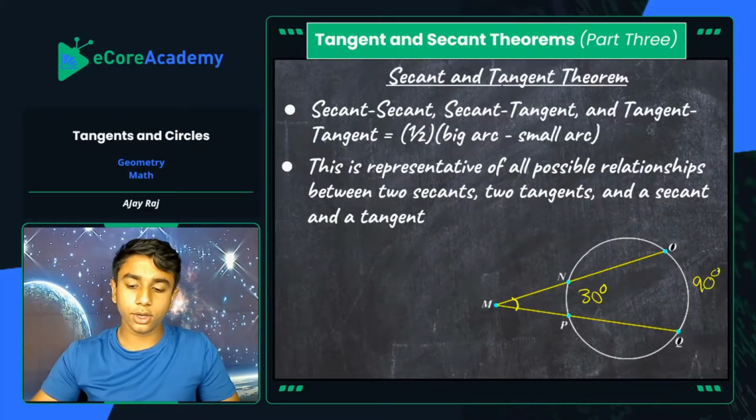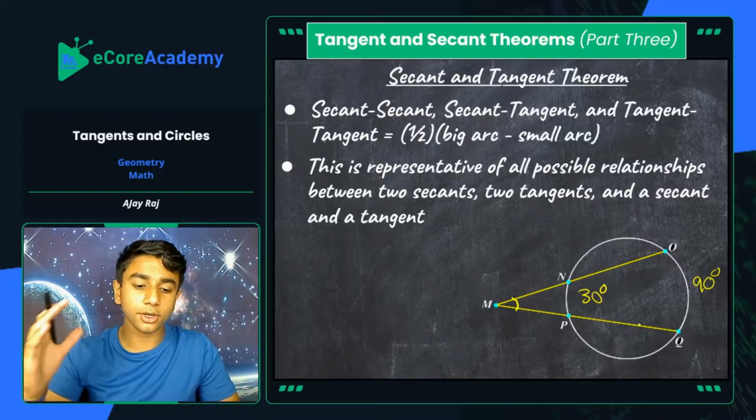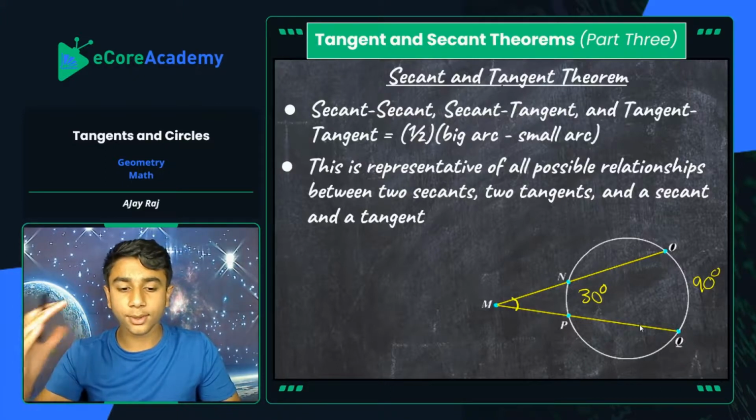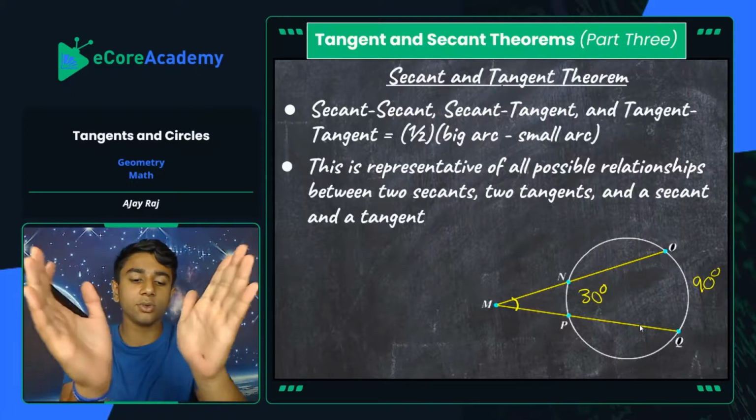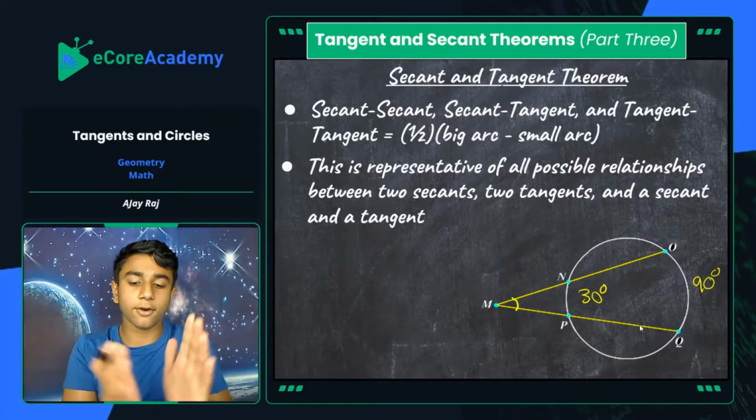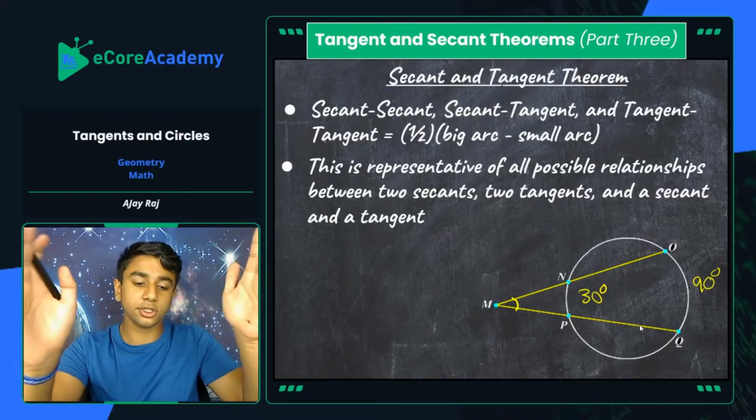What is the value of angle M? If you look at this equation, it says 1/2 times big arc minus small arc. We know that the arc that's outermost, or farthest from our secant angle, is always going to be the largest, because by the time those lines extend, they're extending to a larger amount, getting farther and farther away from each other, so the intersection is going to be larger.